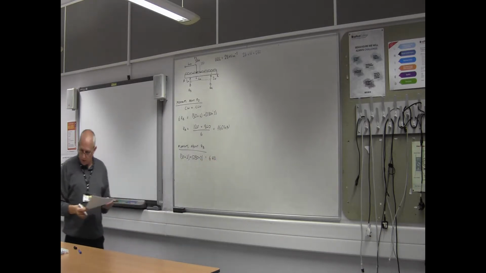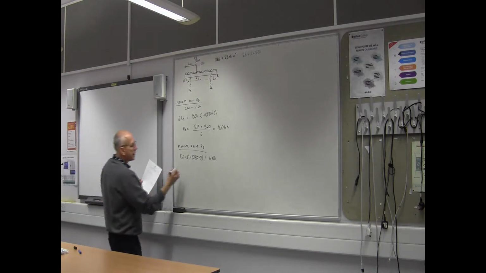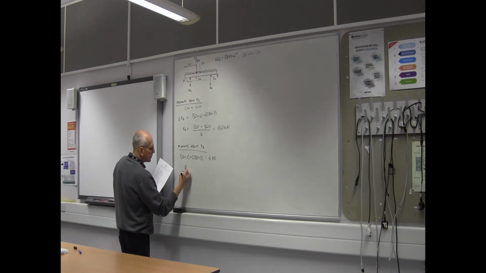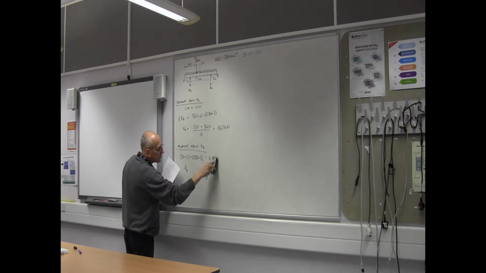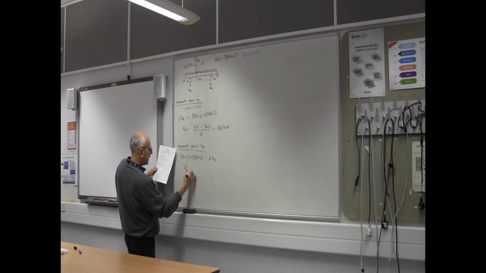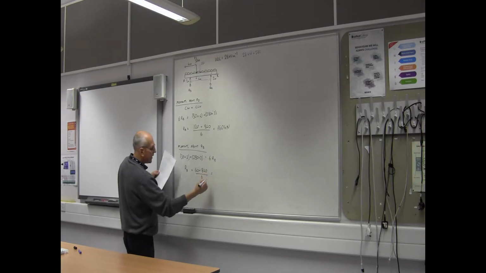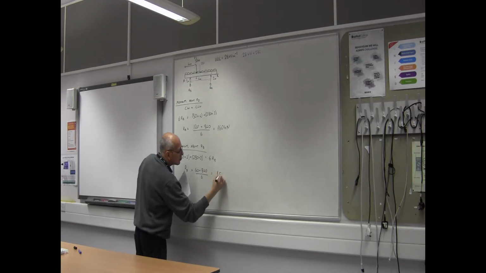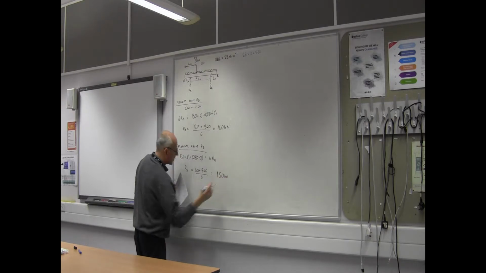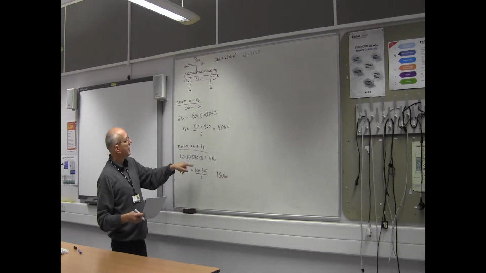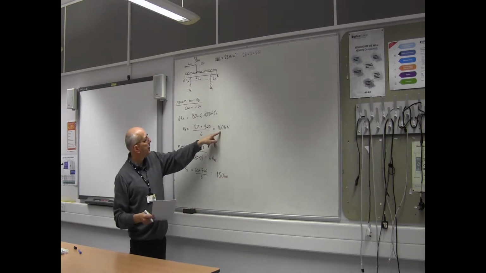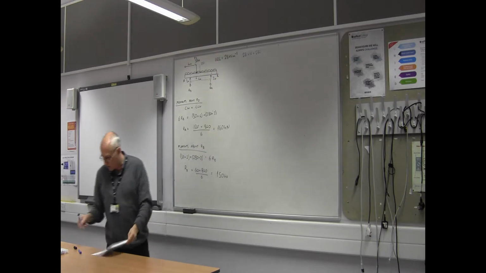If I rearrange that, I get RD: 6 RD equals 60 plus 840, divided by 6 equals 150 kilonewtons. So RD is 150 kilonewtons and RB reaction is 160 kilonewtons.